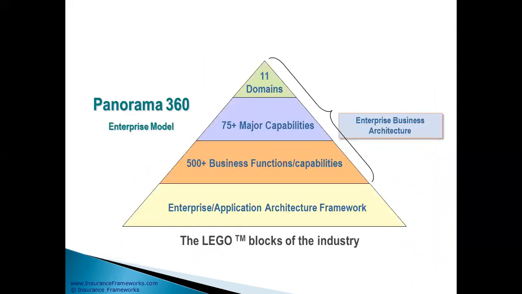The Enterprise Business Architecture Framework has different levels of granularity. It comes with 11 domains of capabilities, 75 major capabilities, and over 500 business function capabilities, included with definitions.